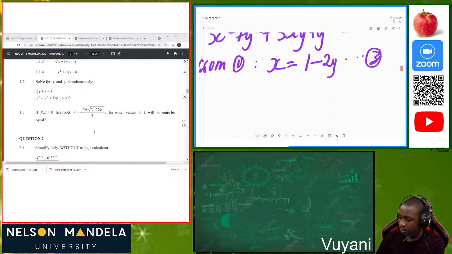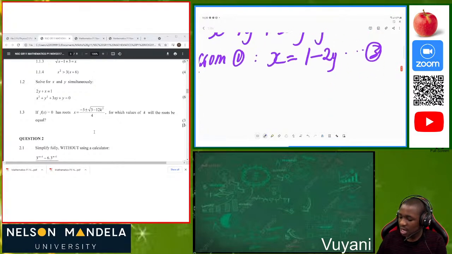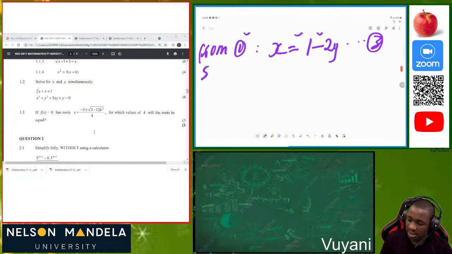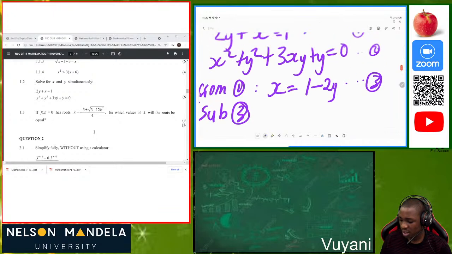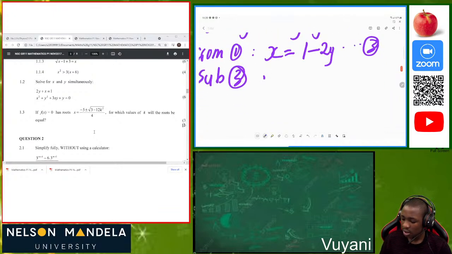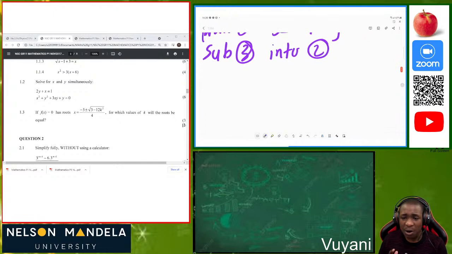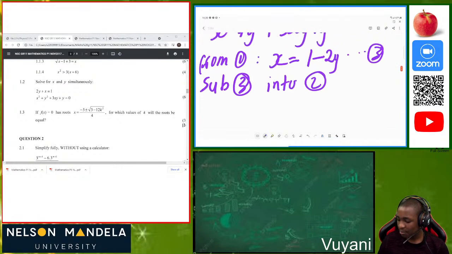Now let's write this small English. We say sub equation 3. Where are you substituting your equation 3? We are substituting in equation 2. So let's solve now. Wherever we see x in our equation 2, we're going to replace it by 1 minus 2y.